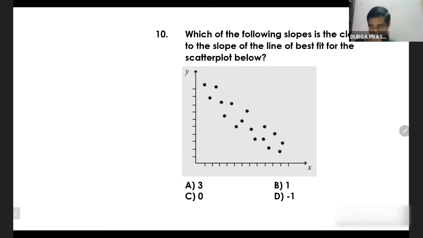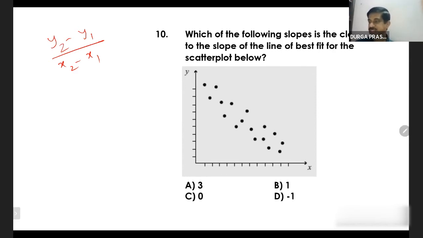So what is slope? Y2 minus Y1 by X2 minus X1 is the slope. So we should check where and how we should find this. Now look at this.